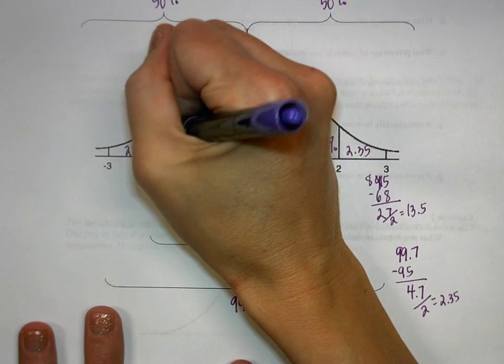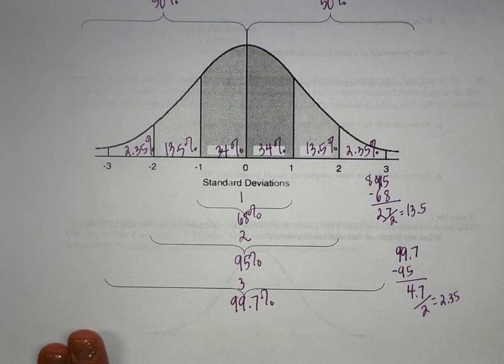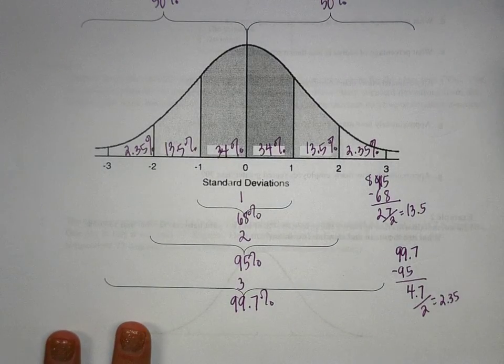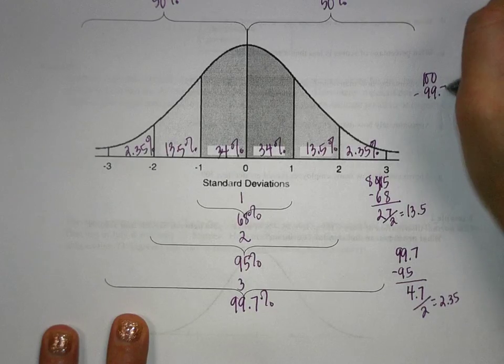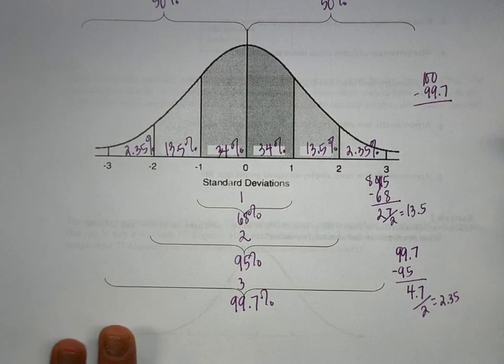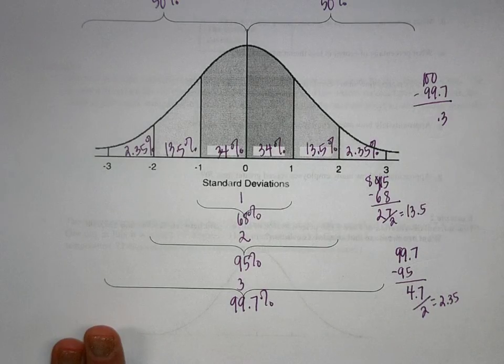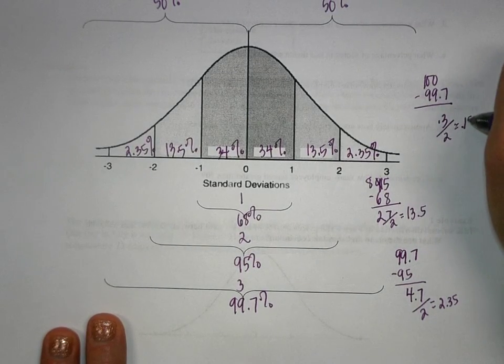Now, how do we figure out what's left over after the 3 standard deviations? Exactly, 100. So if you take 100 minus 99.7, what do you get? 0.3. And then to split that up, we would divide by 2, which is 0.15.